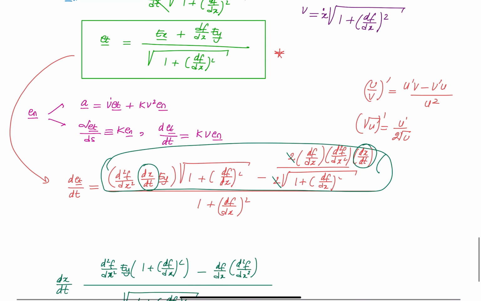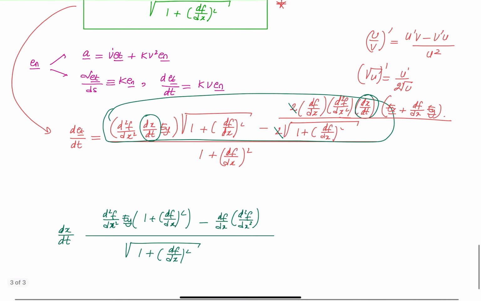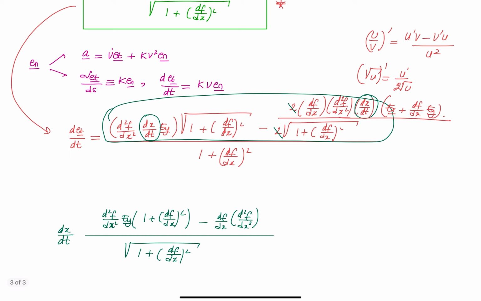So that would be multiplying this by ex plus df by dx ey. Okay, this is getting not complicated but long. We'll figure this out. df by dx, d squared f by dx squared, ex plus df by dx ey.